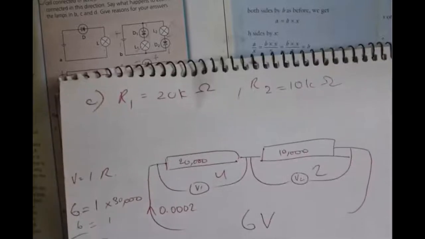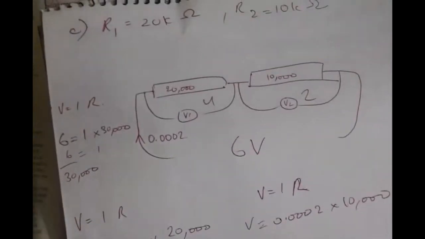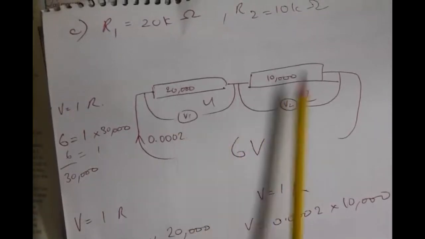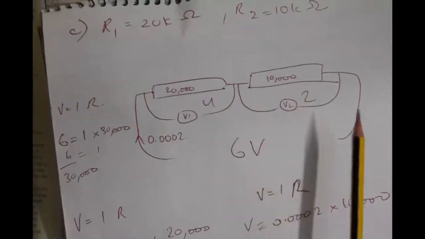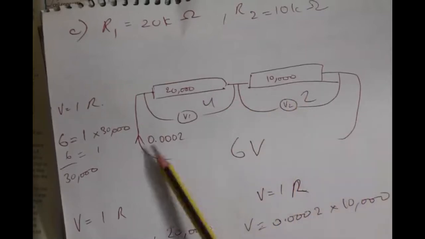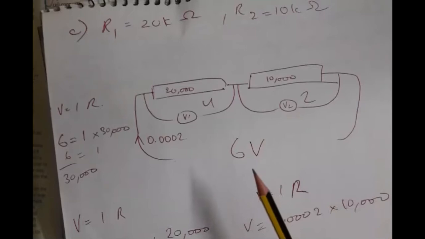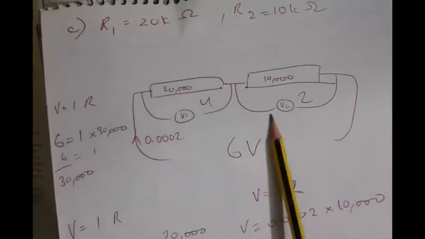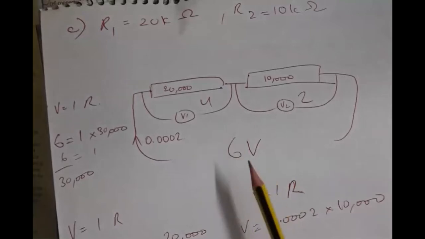The only thing that's going to be different in a parallel circuit is that the adding up of these resistances is going to be a bit different: 1 over R1 plus 1 over R2. And also the voltage is going to stay the same across them, because when they are connected in parallel, the voltage stays the same.